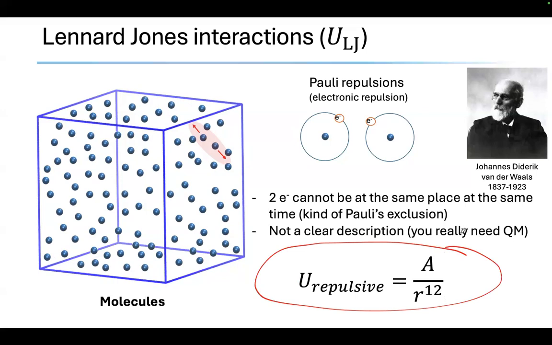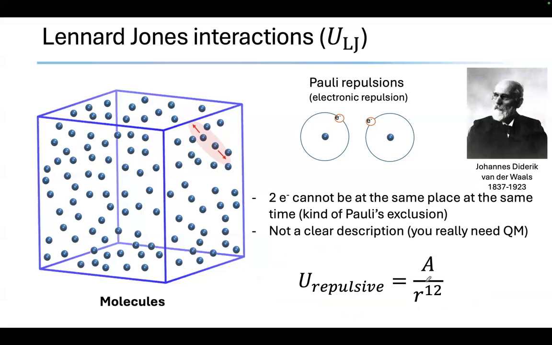You really need quantum mechanics to determine the exact nature of this power law, but it's convenient to use in molecular simulations to simulate that two molecules cannot come very close to each other.